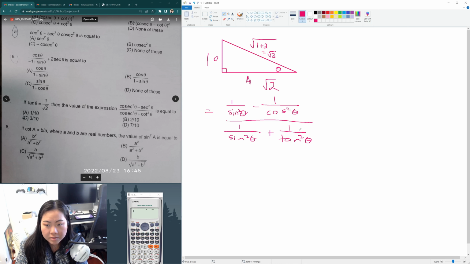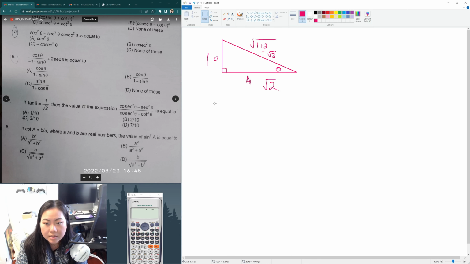It's a lot of fractions going on, but it's okay. I don't like it. Let's start again. Instead of doing that, because that's way too many fractions, I'm just going to go straight to the source. So cosec, we know, is the inverse of sine.